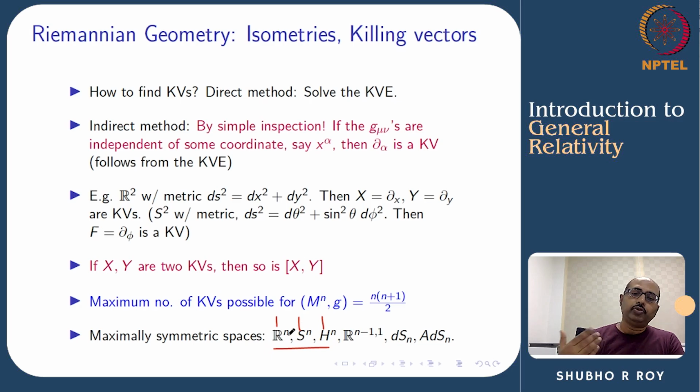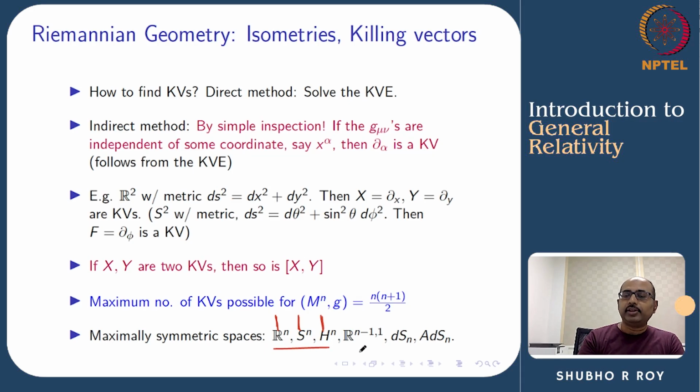Although we have not introduced curvature, I will still say that the first one, n-dimensional Euclidean space, has 0 curvature. The n-dimensional sphere, Sn, has positive curvature, and n-dimensional hyperbolic space has negative curvature. So these are the 3 maximally symmetric spaces for Euclidean signature.